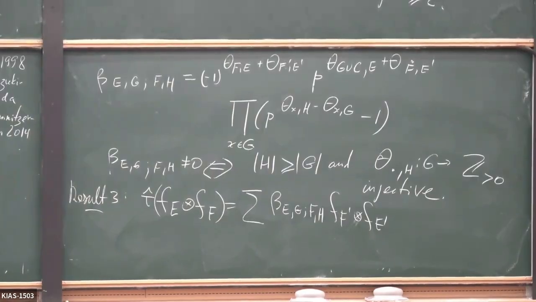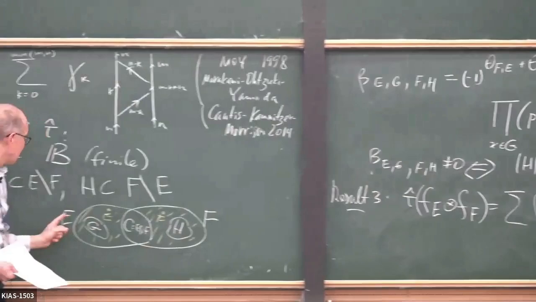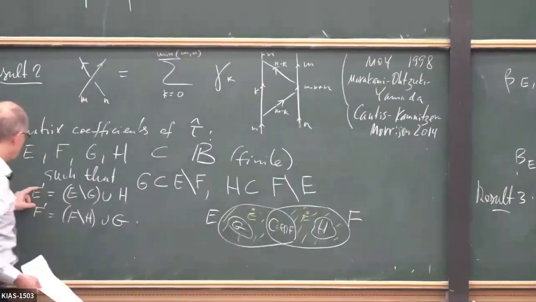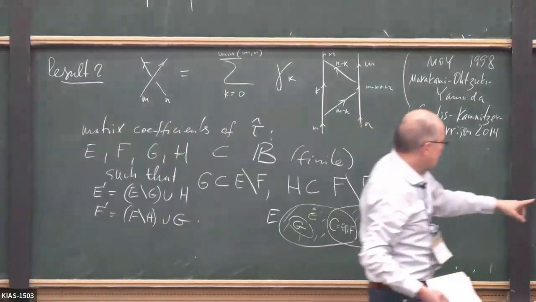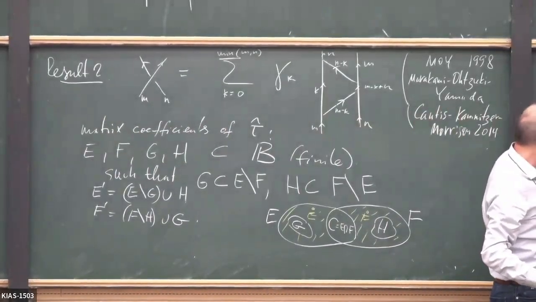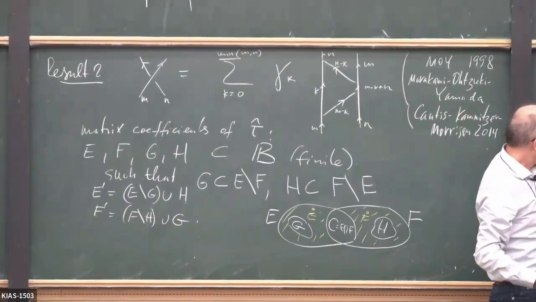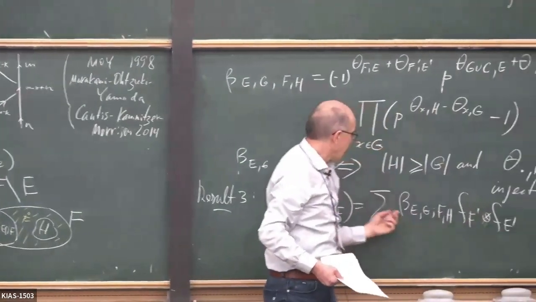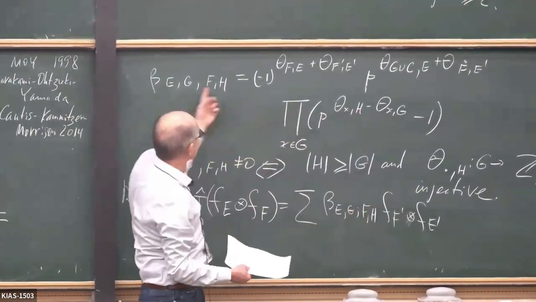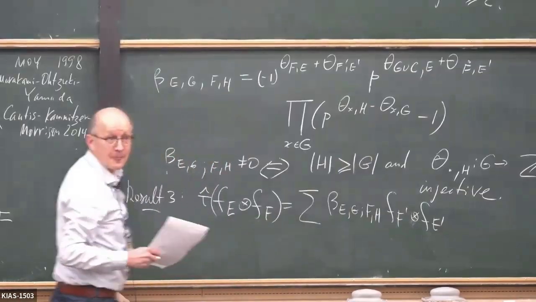So you just exchange G and H, and the resulting subsets are the prime subsets. So this braiding acts on this basis just by such exchanges, and this scalar factor, which is explicit.